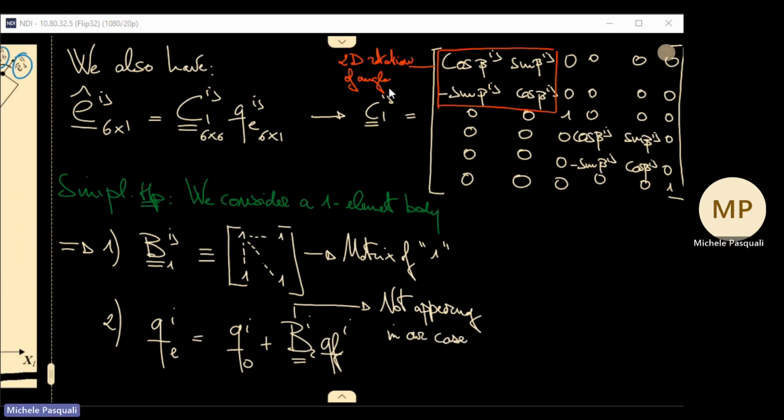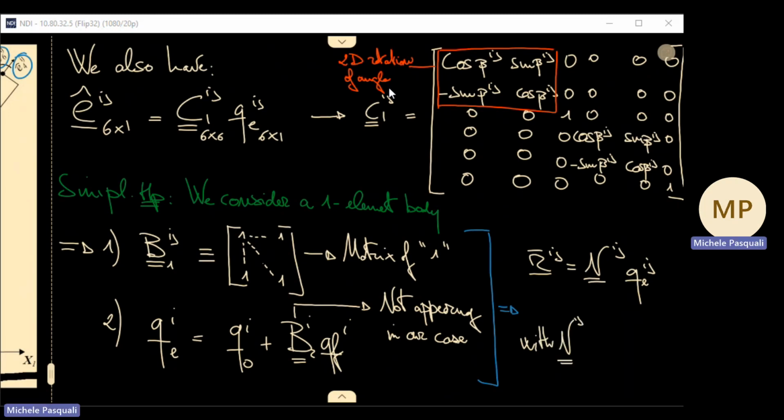And so R over bar ij is QE ij, with N ij being C2 ij, Psi ij, and C1 ij.